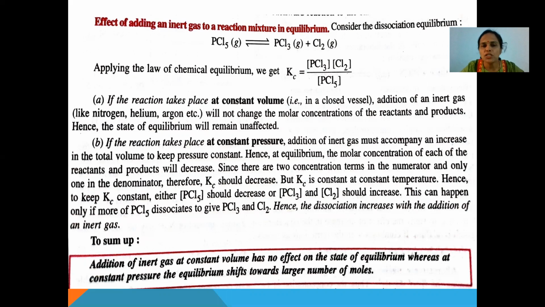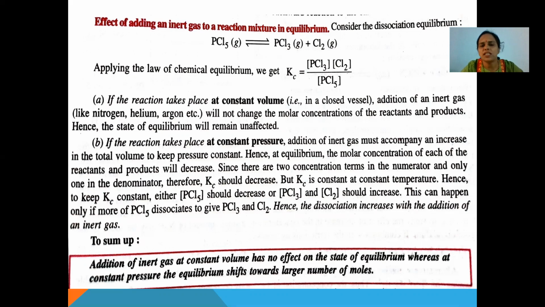If the reaction takes place at constant volume, that is in a closed vessel, addition of an inert gas like nitrogen, helium, argon will not change the molar concentrations of the reactants and products. Hence, the state of equilibrium remains unaffected.